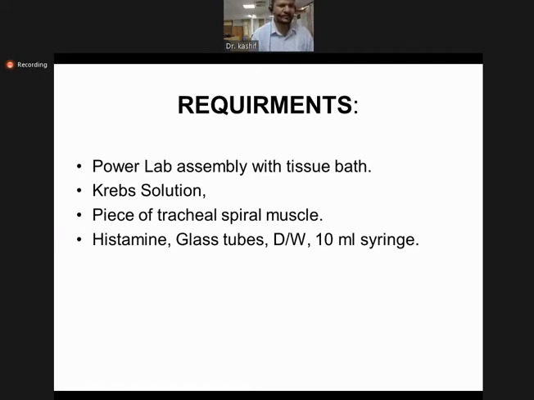Then we have a piece of trachea, the tracheal spiral muscle taken from the trachea of the rabbit. Then obviously the stimulator is histamine. We use this chemical, histamine, along with a glass tube, distilled water, and some syringes. So these are the requirements to start this practical.